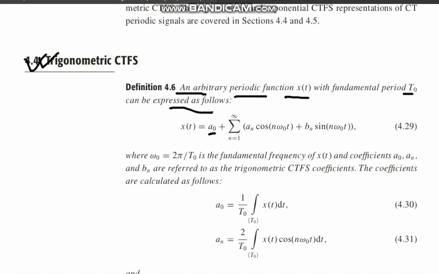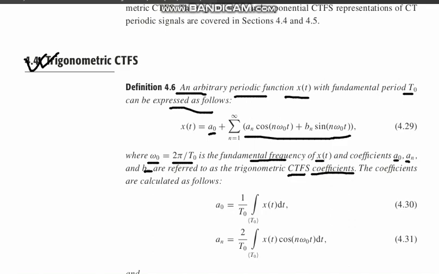That is the basic theory of the trigonometric CTFS. You have to keep this equation in mind, where omega naught is 2 pi by t naught, the fundamental frequency of xt, and the coefficients a naught, a n and b n are referred to as the trigonometric CTFS coefficients, that means continuous time Fourier series coefficients.